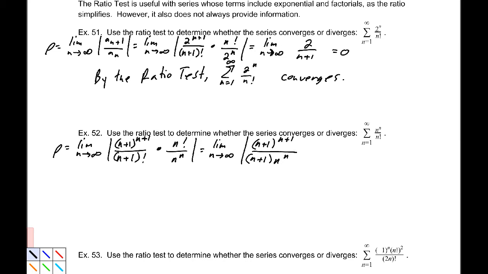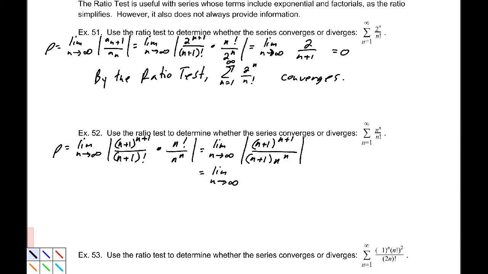Now, what can we simplify here if we keep that absolute value? Well, it appears we might be able to rewrite this actually as an exponential. That should be equal to the limit as n approaches infinity of... yes, okay. So what will happen here, let's just explain the algebra, is we have n plus 1 in the numerator n plus 1 times.